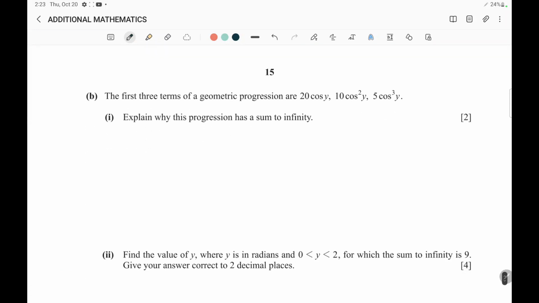The first three terms of a geometric progression are given. Explain why this progression has a sum to infinity. Because for a sum to infinity, the common ratio must lie between -1 and 1. So let's find r. 10 cos square y over 20 cos square y.